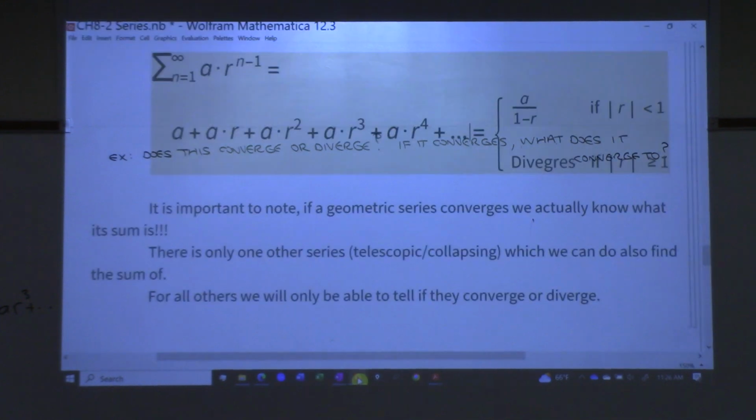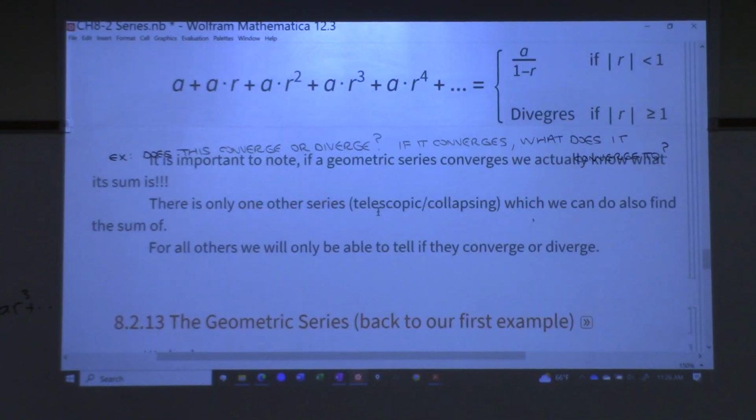All right, so now, I should also point out that we're going to study a lot of different series here. The geometric is one type. If a geometric series converges, we can actually find the sum, right? A over 1 minus R. We can actually find what it adds up to be. There are only 2 series in this class that we can actually find the sums of.